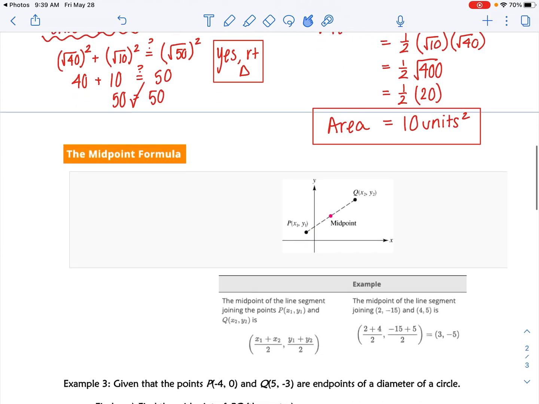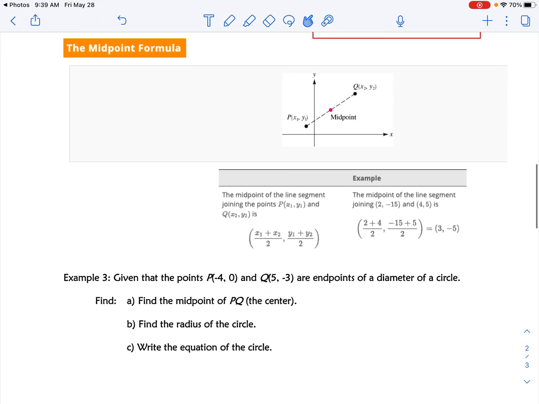We also have something called the midpoint formula. The midpoint formula is how to find the middle of 2 points. You take x1, y1, x2, y2, and instead of finding the distance, we're actually finding what's in the middle. It's a fabulous formula, and let's jump in.